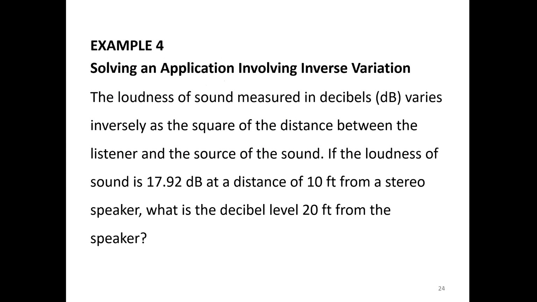Another example, solving an application involving inverse variation. Loudness of the sound, measured in decibels (dB), varies inversely between the measurable decibel and the square of the distance between the listener and the source of the sound.